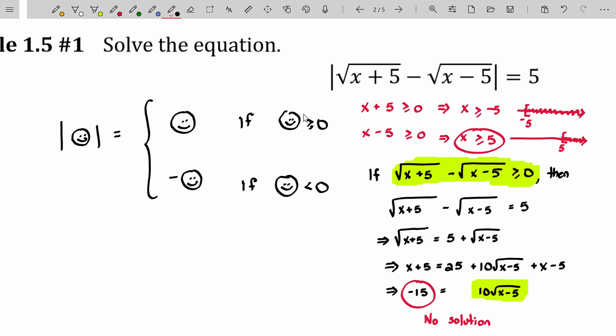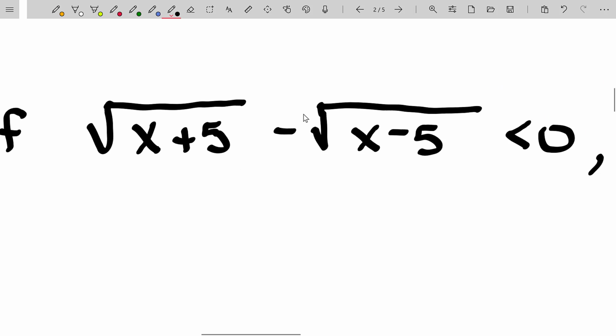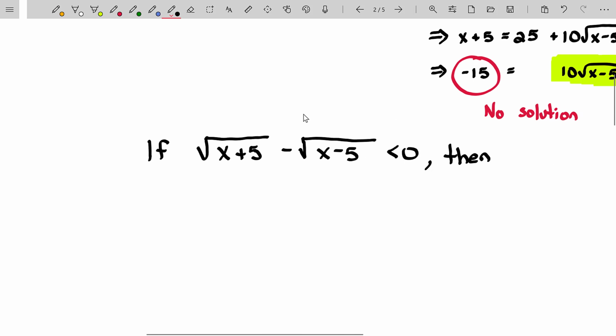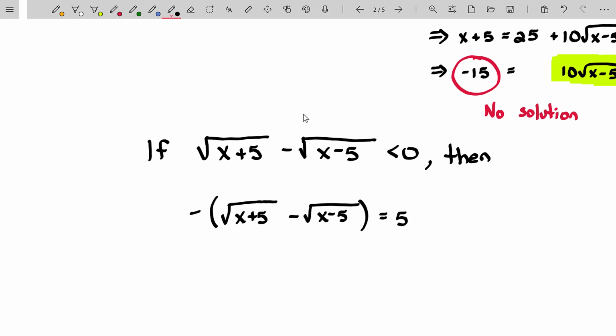That's what the absolute value will do. I want to force this negative value here to become positive. So we're going to solve the opposite of the square root of x plus 5 minus the square root of x minus 5 is equal to 5.